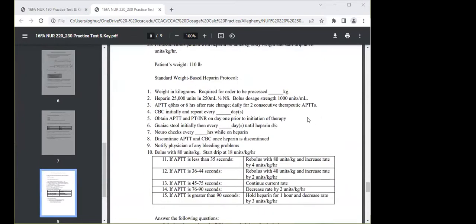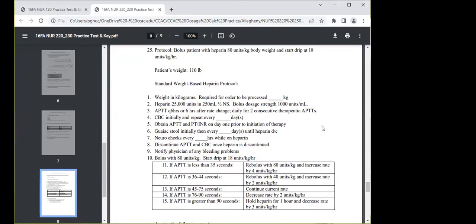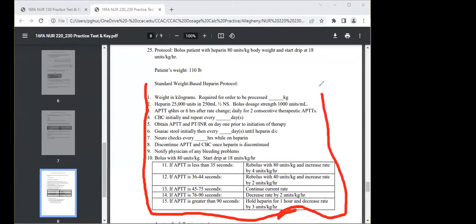All right. So for the heparin protocol, what you need to know is when we say protocol, it just means procedures for this particular thing. These are just the steps of the protocol listed here. Sorry, my mouse got bumped. Okay. And then you can see there's 15 steps associated with the protocol.